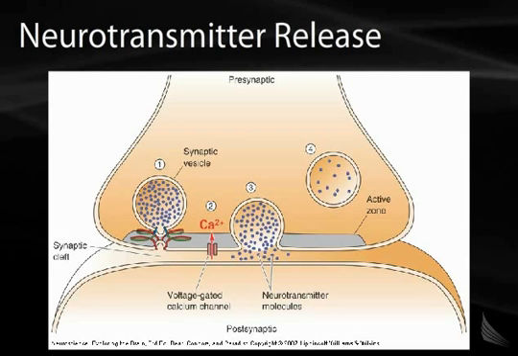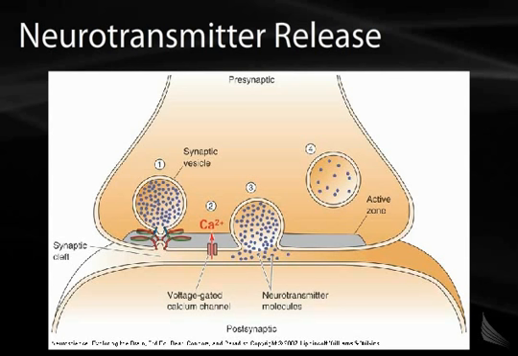A trigger for release comes from the invasion of this presynaptic terminal by an action potential. As the action potential arrives at this presynaptic terminal, it will trigger the influx of calcium through a voltage-gated calcium channel. So these voltage-gated calcium channels, similar to the voltage-gated sodium and potassium channels described earlier, will open when the cell depolarizes.